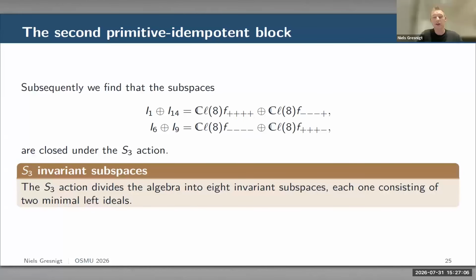The first and the 14th minimal ideal form a closed subspace, and the sixth and the ninth minimal ideal form a closed subspace. The same is true for the remaining minimal ideals, so they also pair off and give a number of invariant subspaces. But the four that we will be using are I1, I14, I6, and I9.